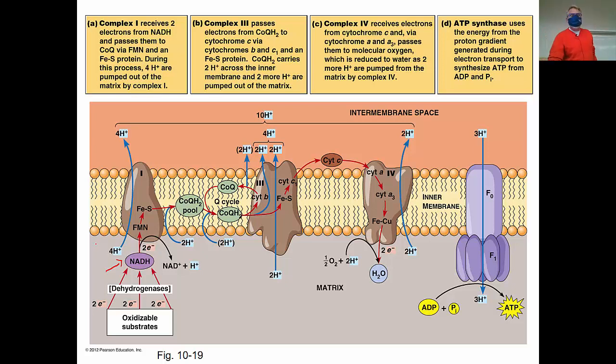So on its journey from NADH, our electron dump truck, to oxygen, it moves through 3 complexes that pump protons, 4 in complex 1, 4 in complex 3, and 2 in complex 4, for a total of 10. It's not shown on here, but FADH2 dumps its electrons later in the chain. And the reason for that, if we're sticking with our dump truck analogy, is the carrier, even though it still has 2 electrons, isn't as high up the hill.